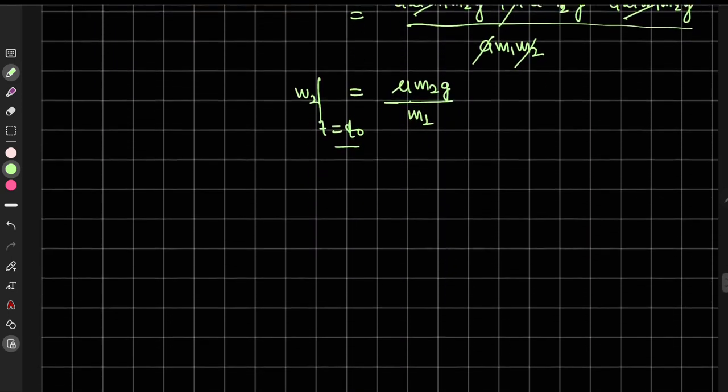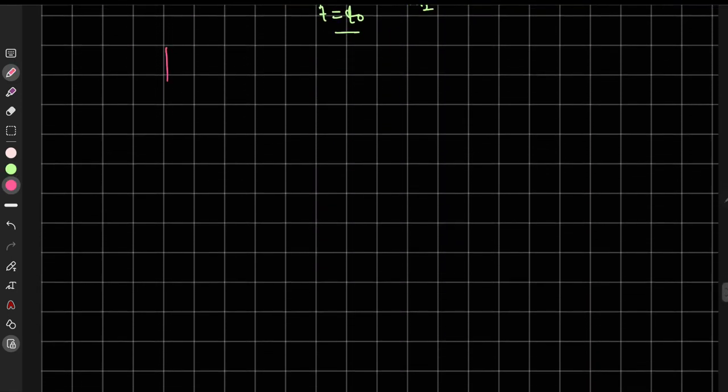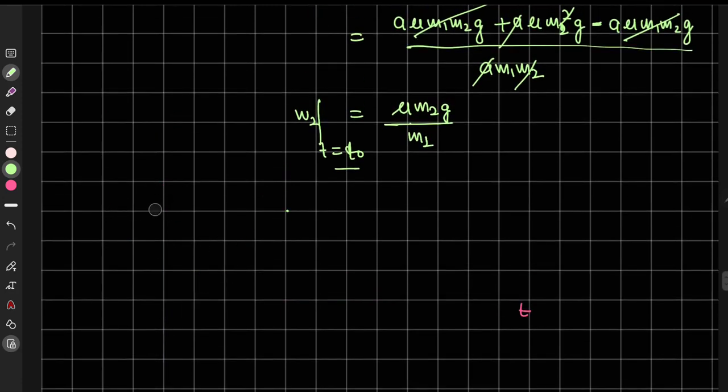Okay, so if we draw the graph between w2 and time, then it will vary linearly, and initially the slope will be less, and then the slope will increase. So let us draw it here. This is w2, this is time.